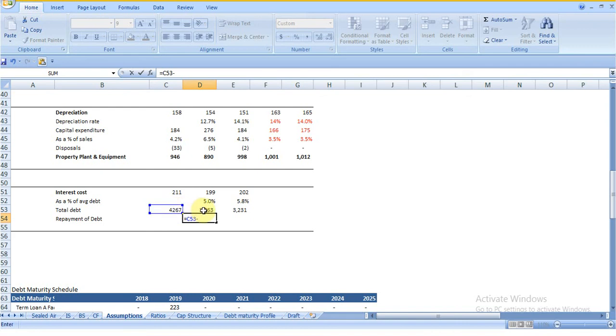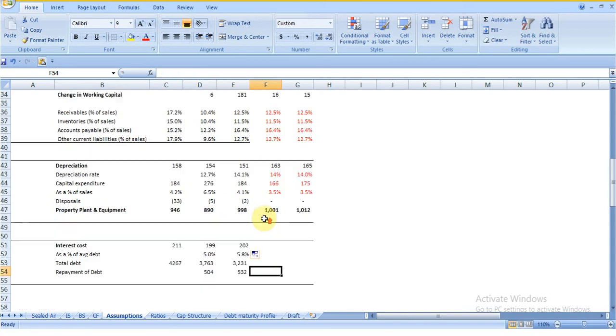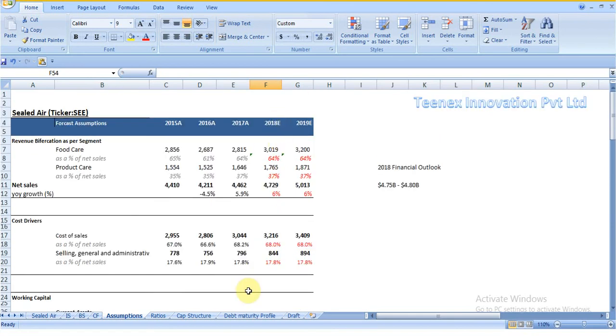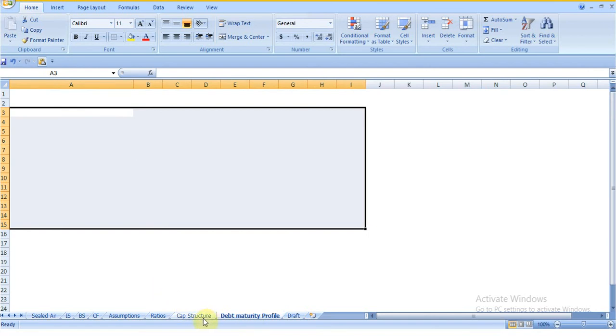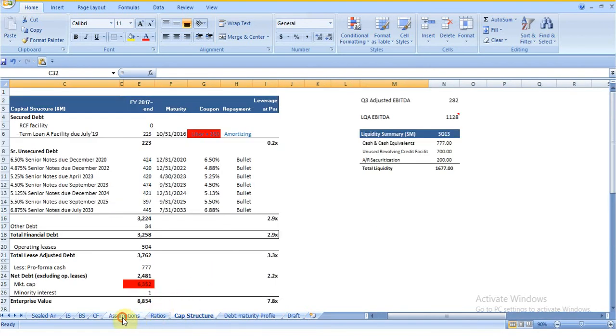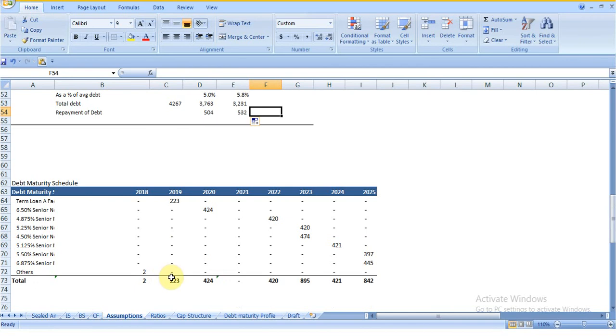The company has repaid almost 500 million of debt in 16, and 532 million in 17. Now I need to look at how much the company is going to repay in 2018. For that I have a debt maturity schedule here, where the company shows that in 2018 they are going to repay 2 million of debt, and in 2019 they are going to repay 223 million of debt.